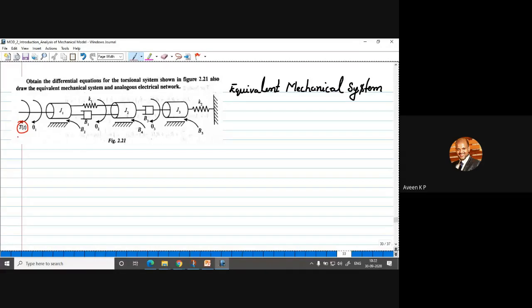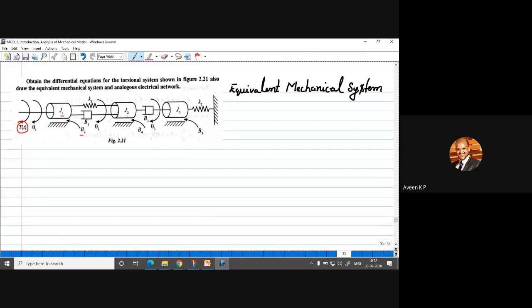When the applied torque is subjected, J1 and B2 will undergo purely theta 1, whereas K1, B1 act as common elements between theta 1 and theta 2.